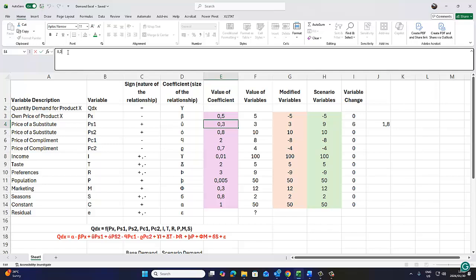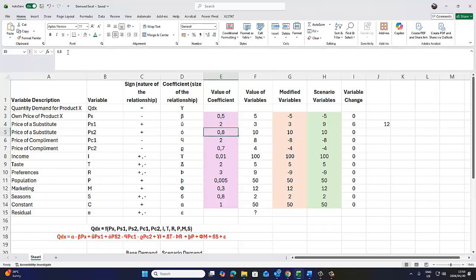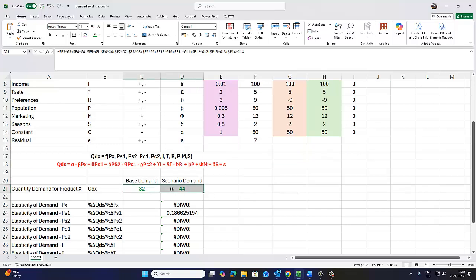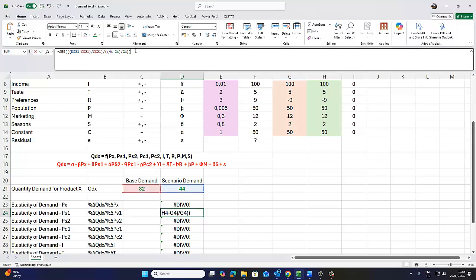So let's make that coefficient 2. Have a look now. 12. Now all of a sudden, the coefficient is much, much more. I need to multiply by 100 here as well. Let's say multiply by 100.